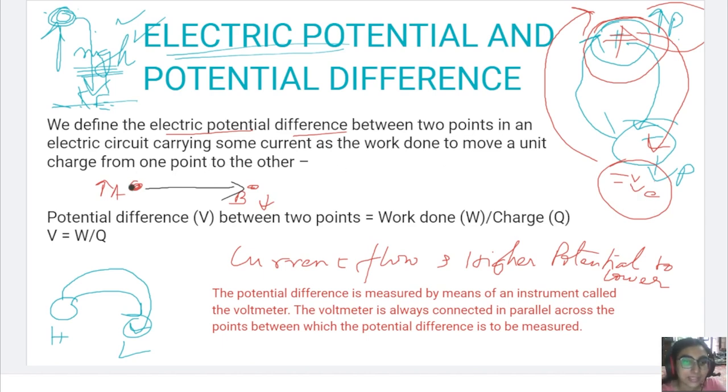We basically assign potential by the letter V, and why we do that is because its SI unit is also volt. So that is why assigning it by V is easier for us. So basically current is flowing due to the potential difference between 2 points, VA minus VB in this case.